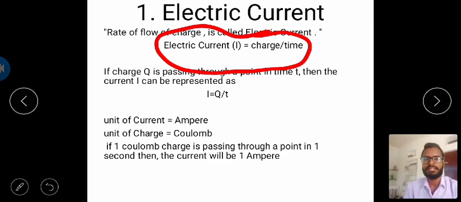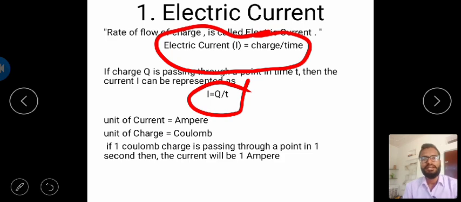If the charge is considered as Q, time is represented as T, and the electric current is represented as capital I, then we can derive I is equal to Q upon T, which is the most important formula of this chapter. Numericals can be asked from this formula.